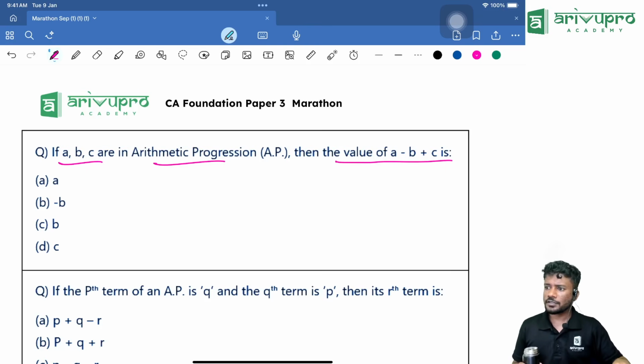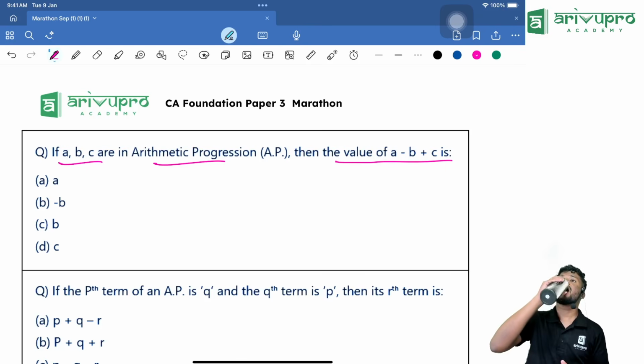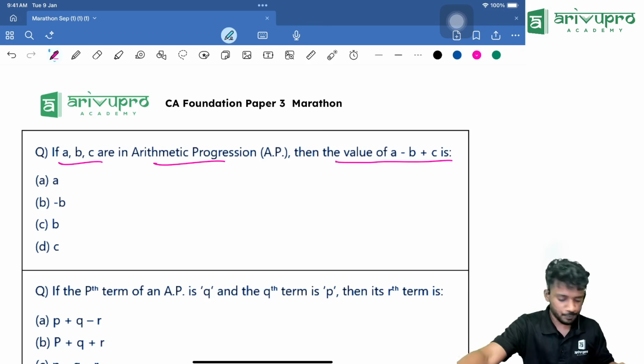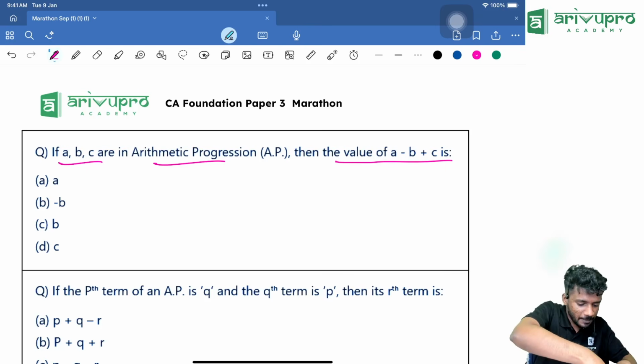Then put those values there and check what value you are getting. If it is equal to A, then option A is the answer. Option B, check once. Third option, you will check. One second, let me complete this.